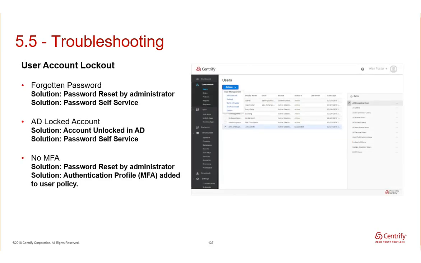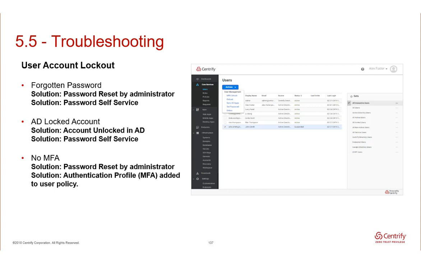From a user account lockout perspective, this can happen due to a forgotten password, an Active Directory locked account, or no MFA, or multi-factor authentication, challenges being completed. In the case of a forgotten password, you can use the password reset by the administrator or use the password self-service.